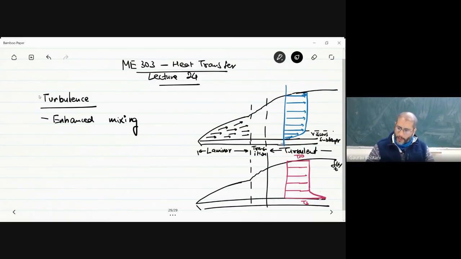All right. So what we effectively see is that because of turbulence, because of this enhanced mixing between the different layers, you see a lot of diffusion of momentum and energy, because ultimately, mixing is nothing but diffusion.